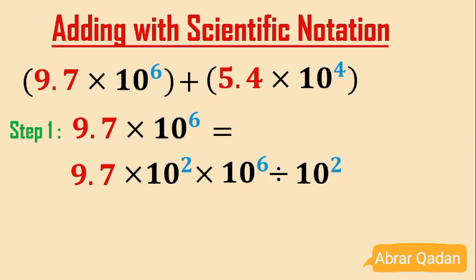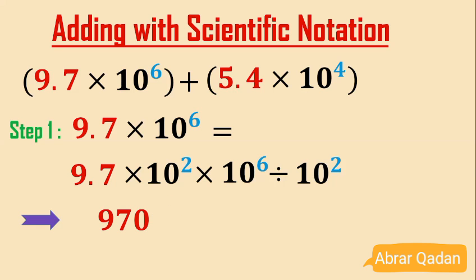So when we multiply 9.7 times 10 to the power 2, 10 to the power 2 means 100. So I will move the decimal point from left to right by 2 digits, according to the number of zeros that we have in 10 to the power 2, because we have 2 zeros.